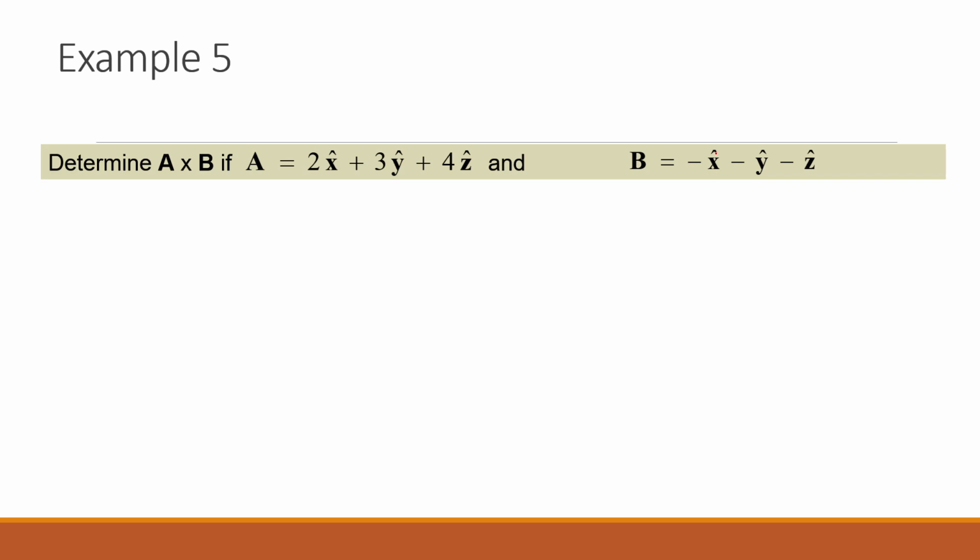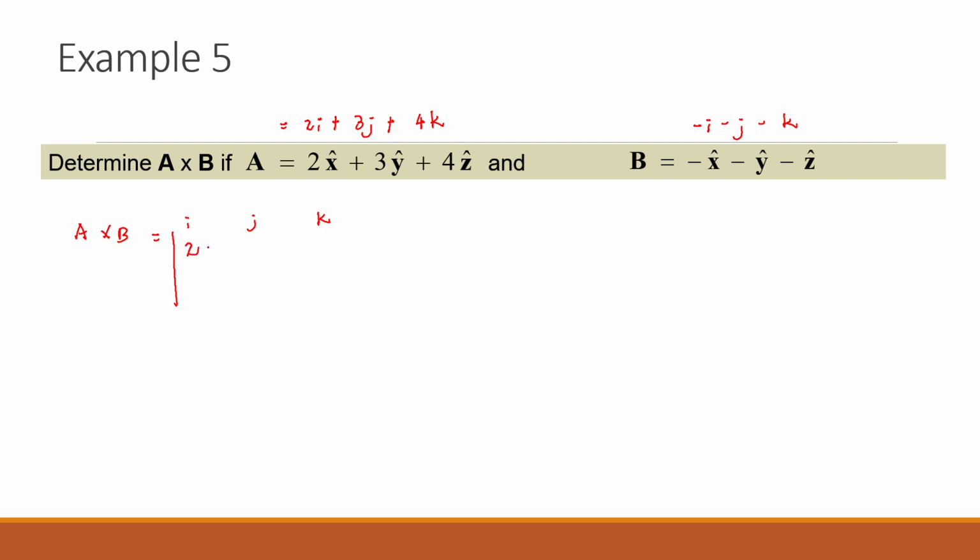Then B is negative x, negative y, negative z. It is actually equal to 2i plus 3j plus 4k, and B is negative i, negative j, negative k. If A cross B, the orientation is very important. Make sure you put A first. A cross B, then you put i, j, k.